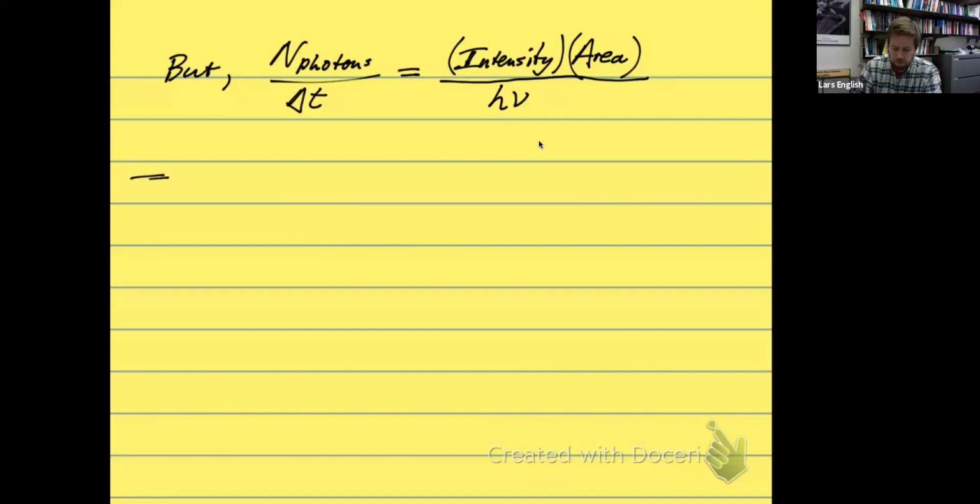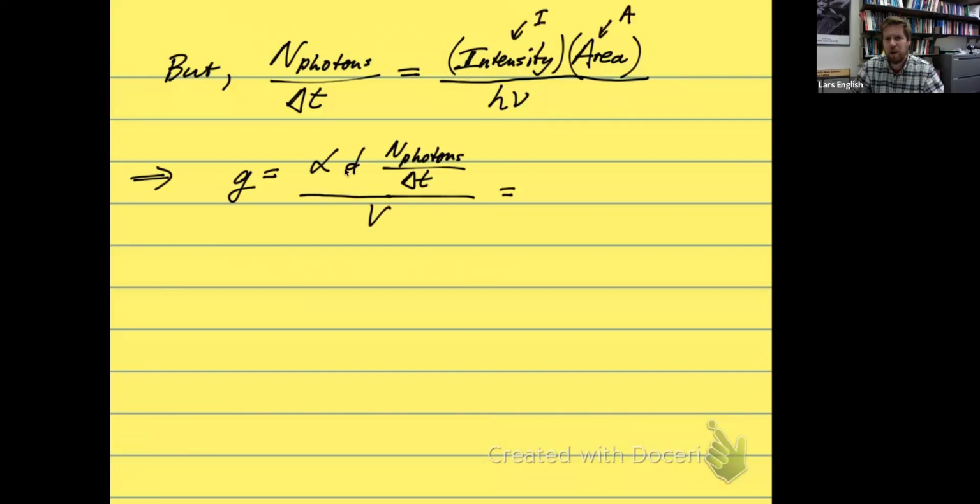So we can plug that back in to this equation. And I'm going to just, for simplicity, call the intensity I and the cross-sectional area A. If I plug that in, then I get something like that. And so something nice happens here, because we had a D waiting out here. Now I'm multiplying it by the cross-sectional area.